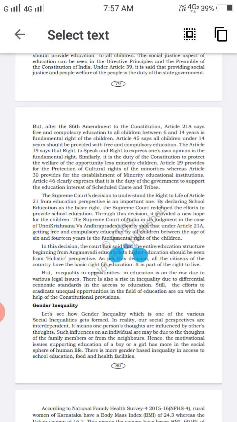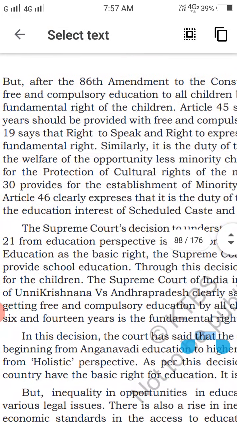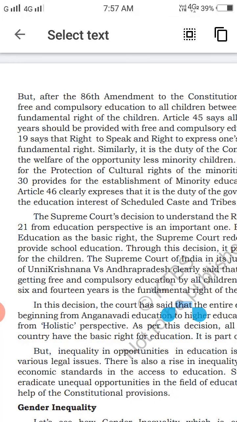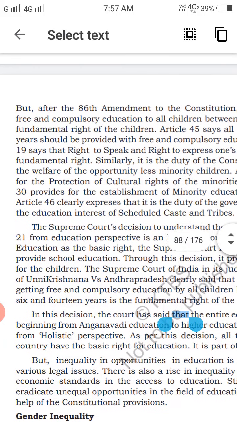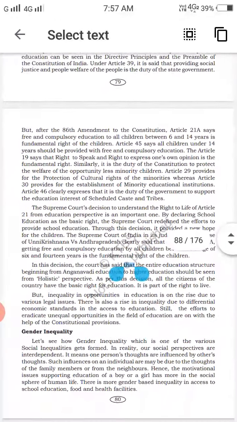Article 19 says the right to speak and the right to express one's own opinion is a fundamental right. Similarly, it is the duty of the Constitution to protect the welfare of the opportunity-less minority children. See, students, here we can see that Article 19 says the right to speak and express your own opinion. So who are Indian citizens?